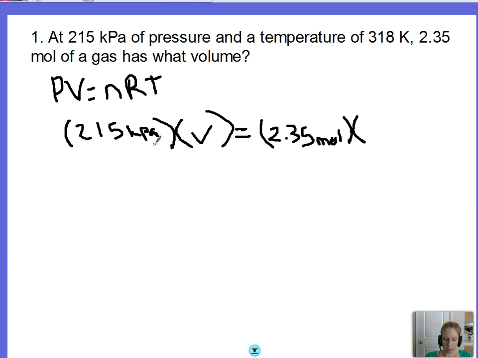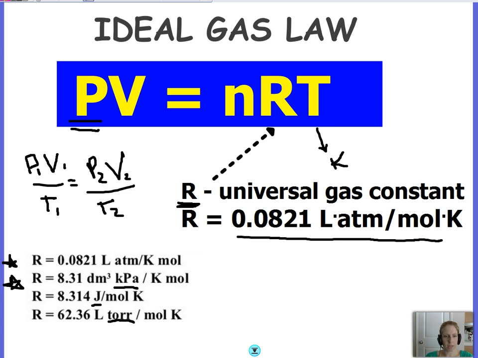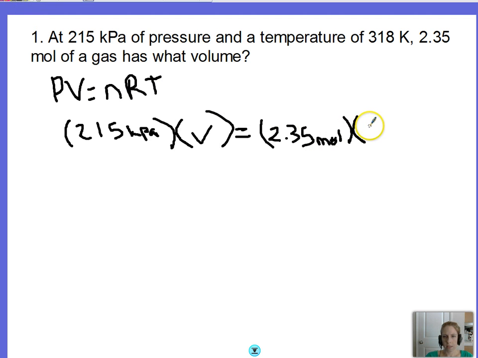We're in kPa, so if we look back at the chart on the previous page, we find kPa right here, and we're going to use 8.31. So we'll go back and put in 8.31, and that's going to be liters times kPa over moles times Kelvin. And lastly is our temperature, which we have at 318.